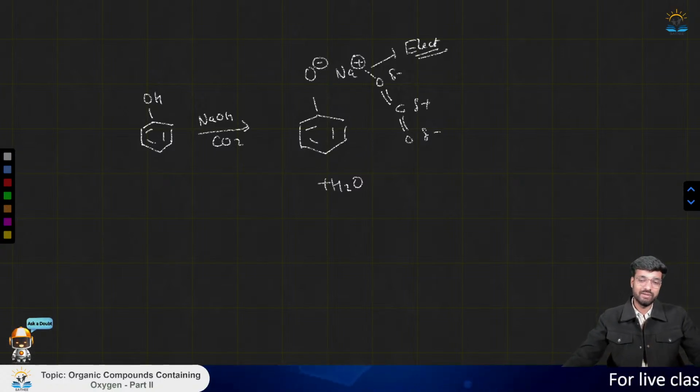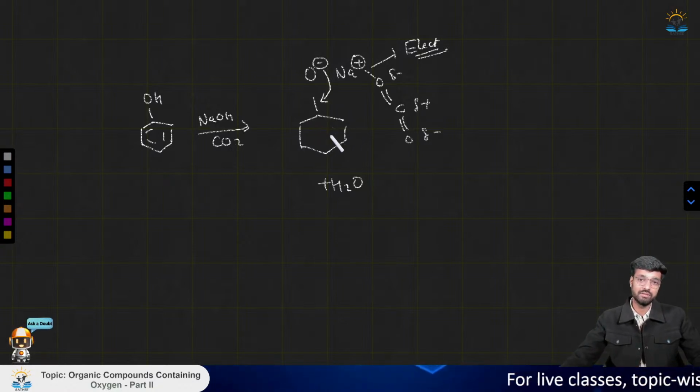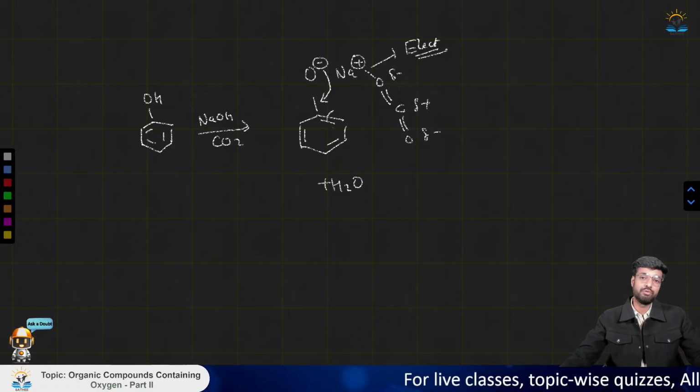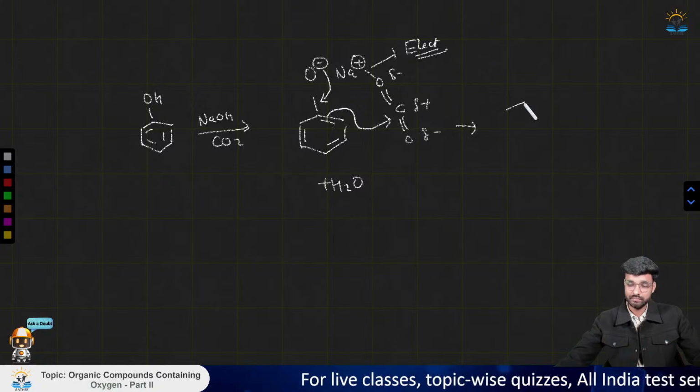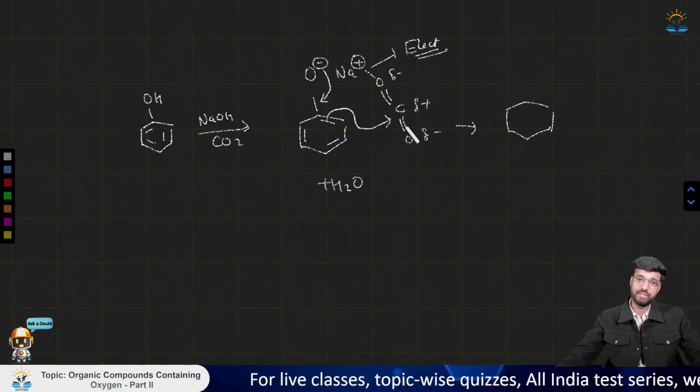Now next, what will happen? This will come in close proximity. Now due to this, the lone pair will move here and this will attack here. So you will get this kind of thing.